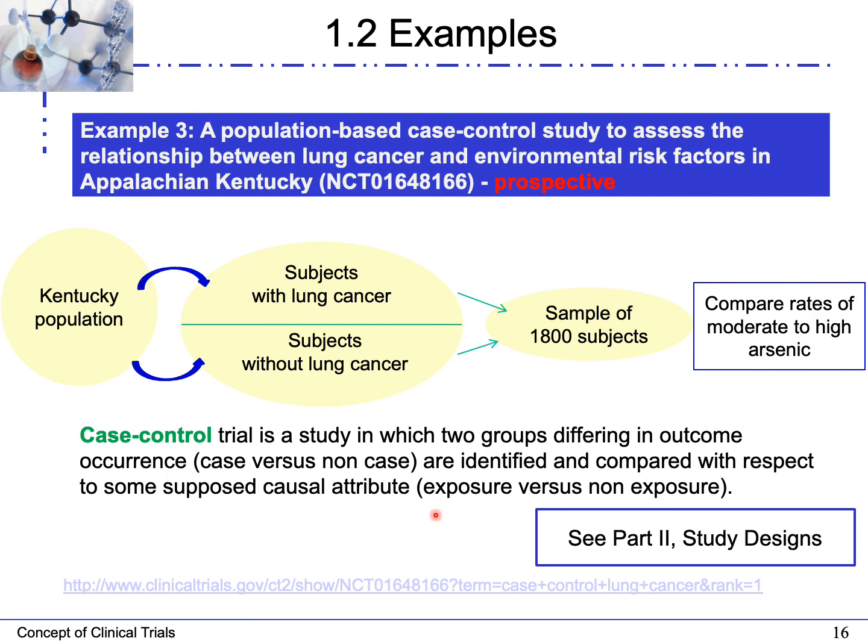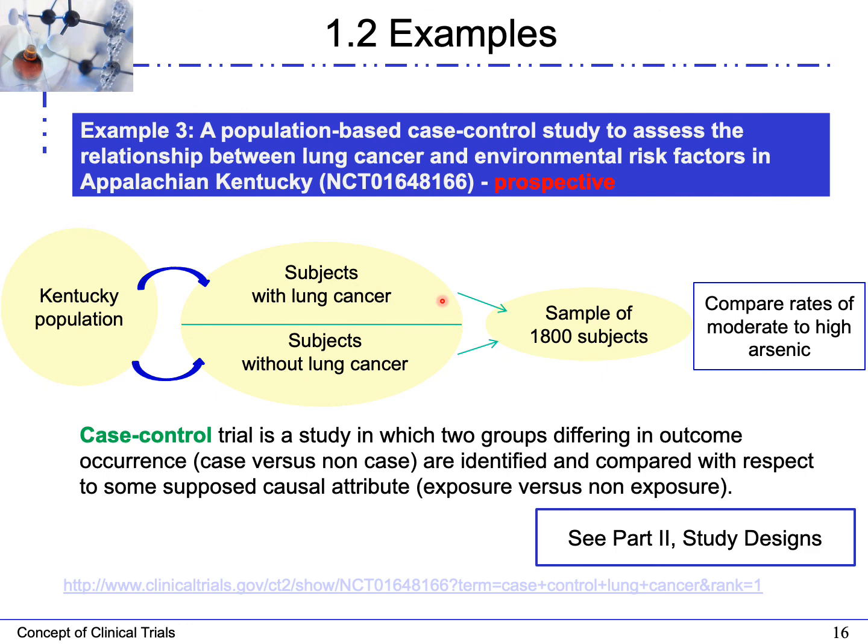And so a case control study was set up, and the case control study starts with a disease. So it starts with patients having lung cancer in the geography, and works backward to find an association between exposure and the disease.